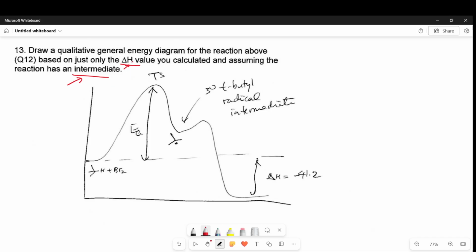The delta H value is exothermic from question number 12, and the reaction has an intermediate. So you should always remember transition state or activated complex, which is designated by this dagger symbol, and intermediate.